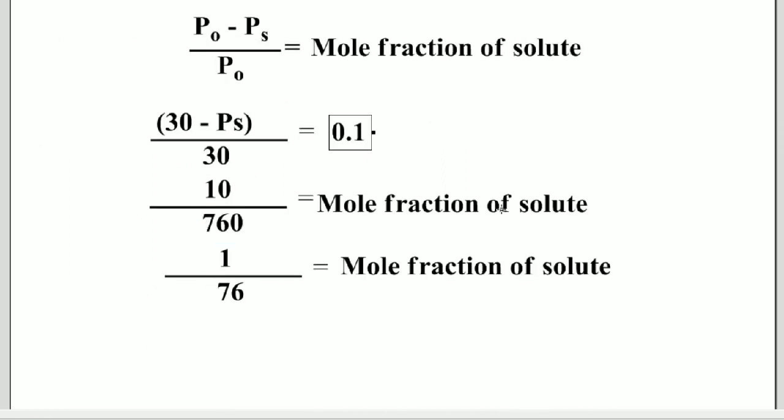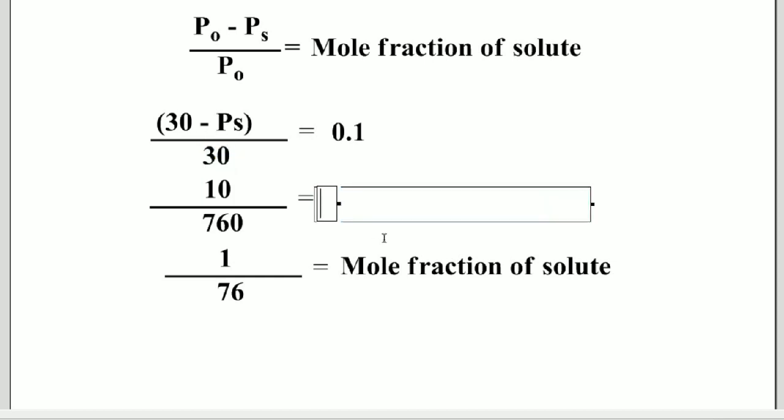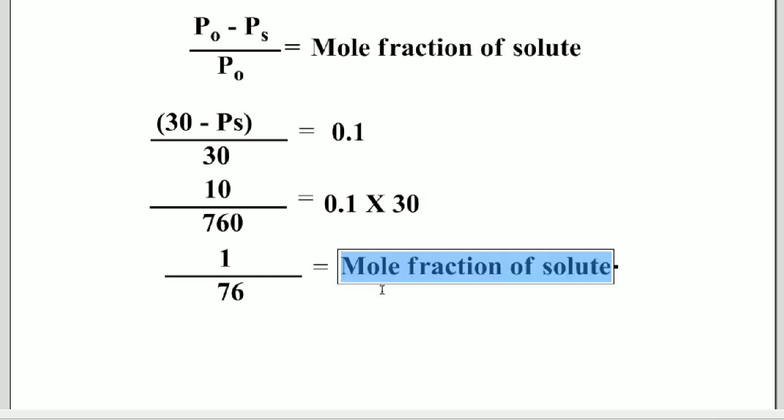If this 30 which is present in the denominator goes to the right hand side, it gets multiplied with 0.1. Now 0.1 into 30 equals 3.